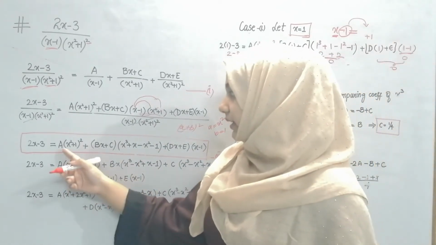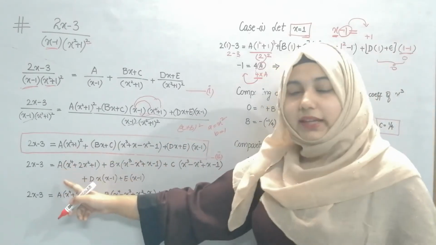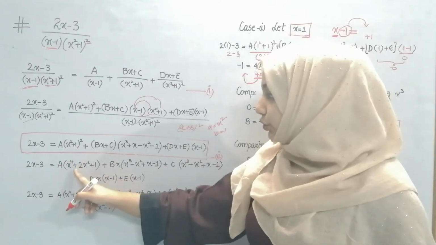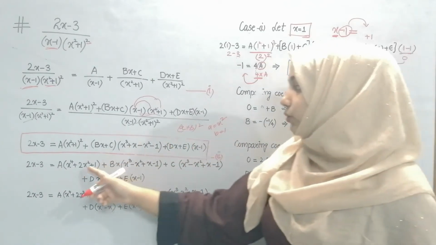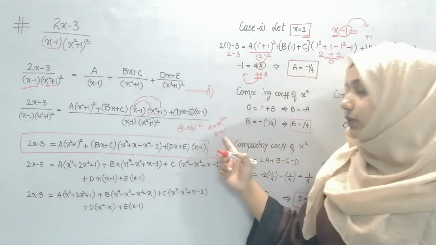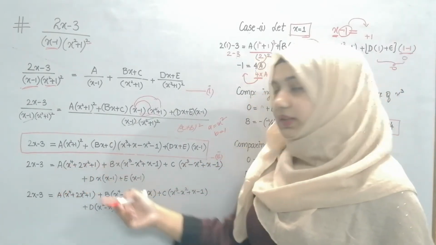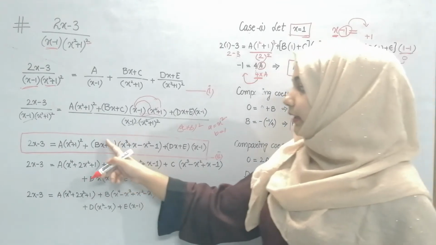So that's what I'm writing. A square: a is x square, x square whole square will be x power 4. Plus 2 into x square into 1, that is 2x square. Plus b square, b is 1, so 1 square. So I got x power 4 plus 2x square plus 1. Done.